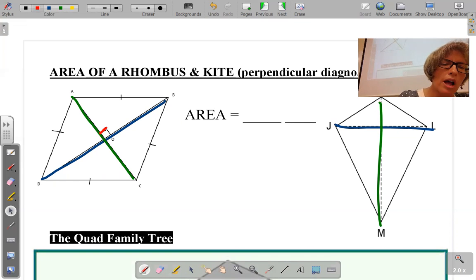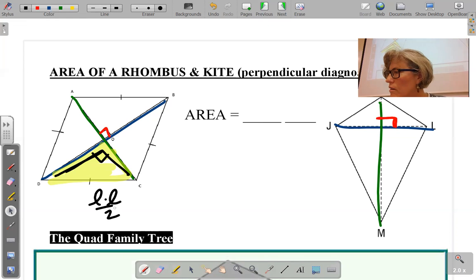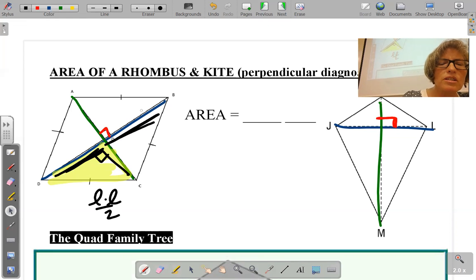And that's why, because they both have right angles in the middle, we know that a right triangle, just as a recap, is leg times leg over 2, correct? All right. But we have 4 triangles. So this leg and this leg together is one diagonal.